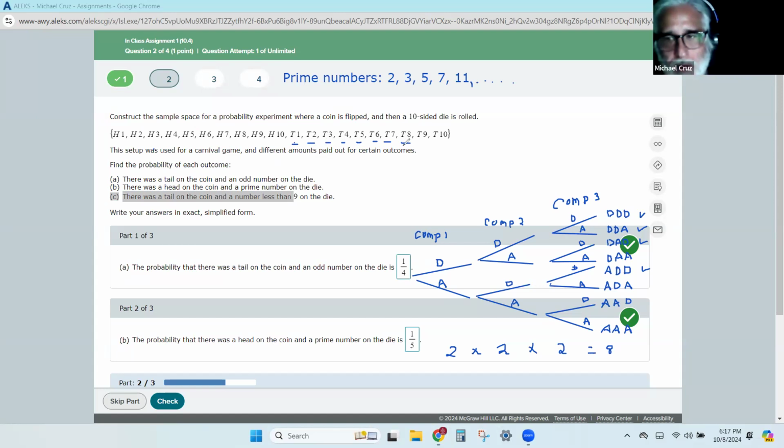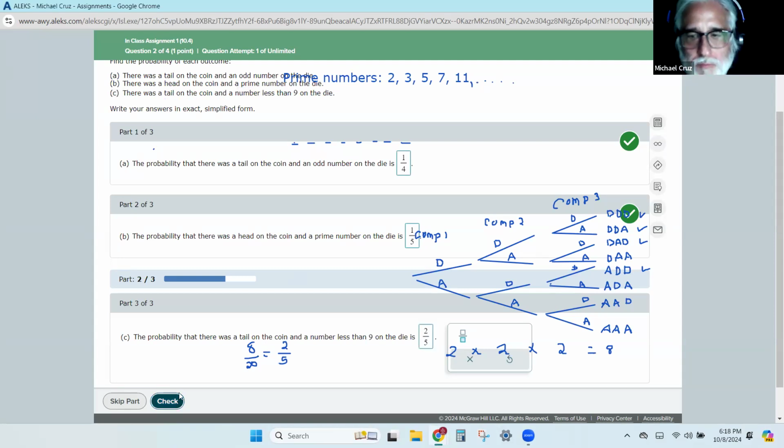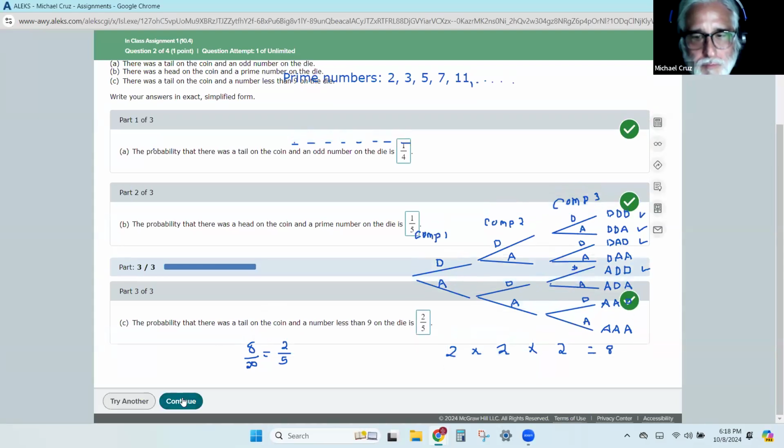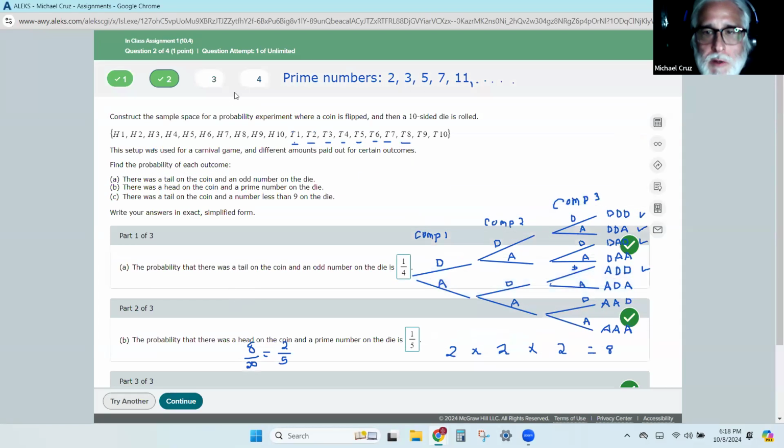Less than 9, not including 9. So we have 1, 2, 3, 4, 5, 6, 7, 8. So we're going to have 8 over 20. So let's see, that's going to be 4/10 or 2/5. And then one more. Oh, okay, that was it then. I thought there was one more. Yeah, just A, B, and C. All right.